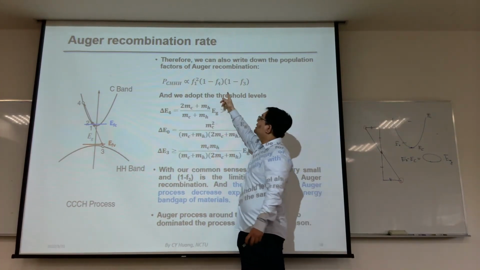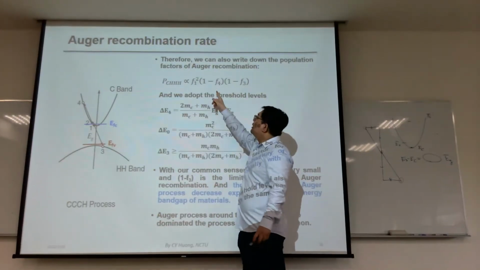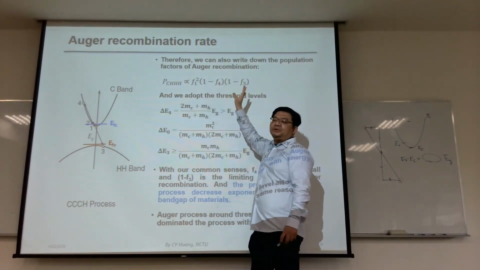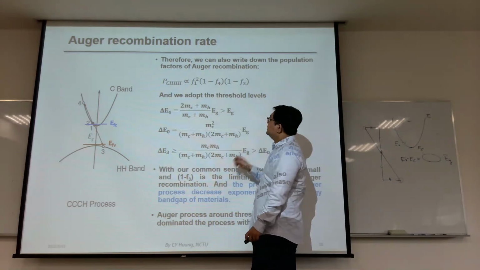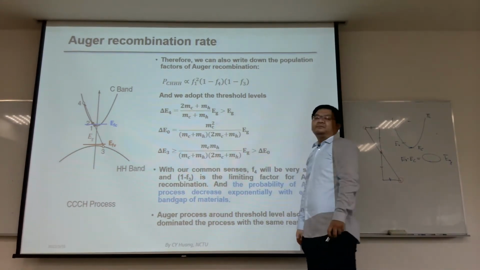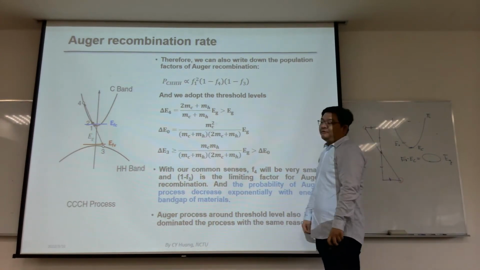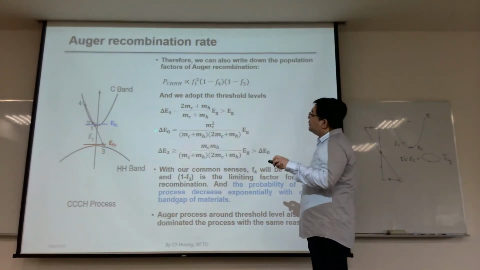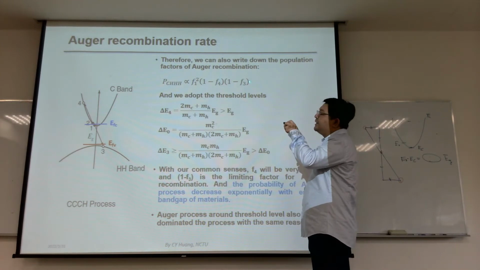So that doesn't have a strong influence. 1 minus F4 is usually very close to 1, so it's not an important factor. The important factor is this 1 minus F3.